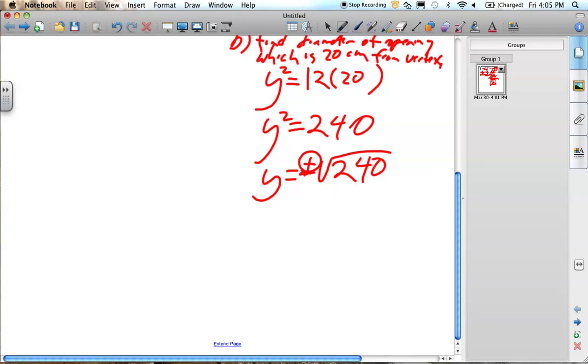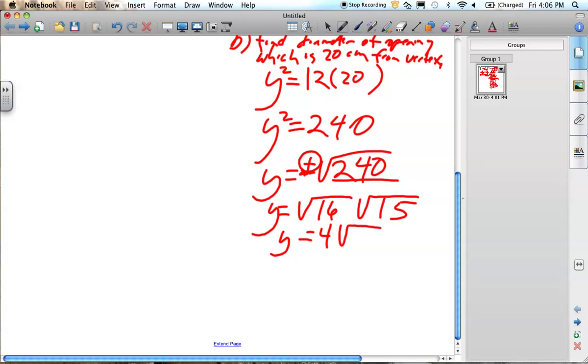And we need to simplify this a little bit more. What I can find out is, this is divisible by 16. It's going to be the square root of 16 times the square root of 15. Or y is going to be 4 times the square root of 15.